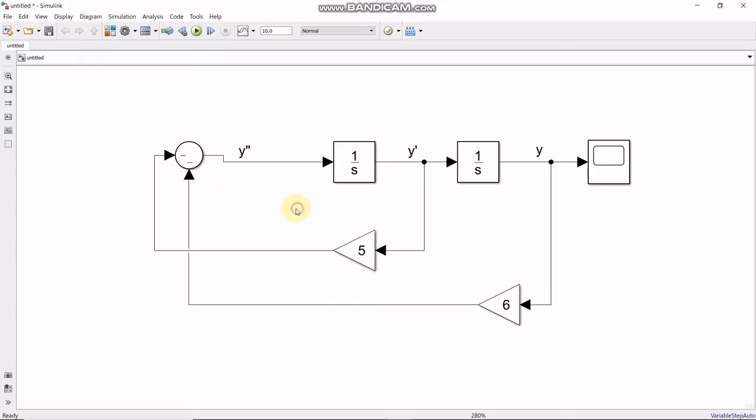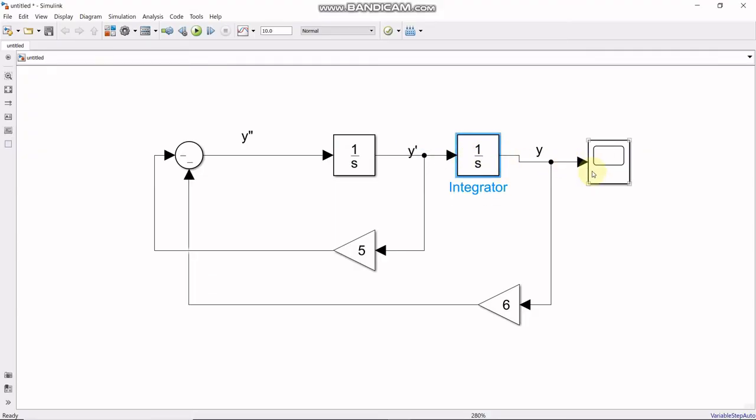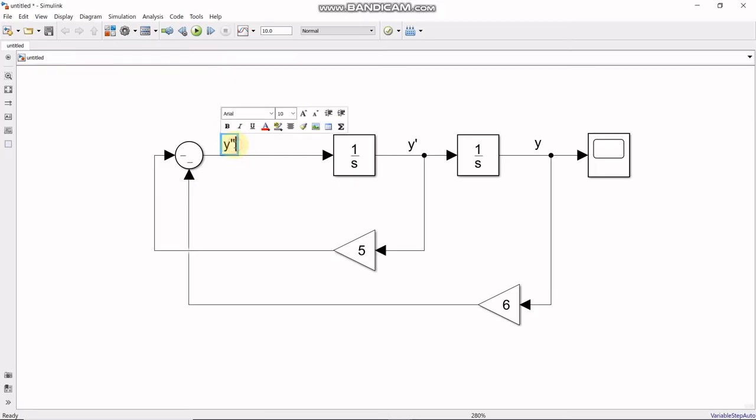So what we have here is y double prime, which is the same as equals (-5y prime - 6y).